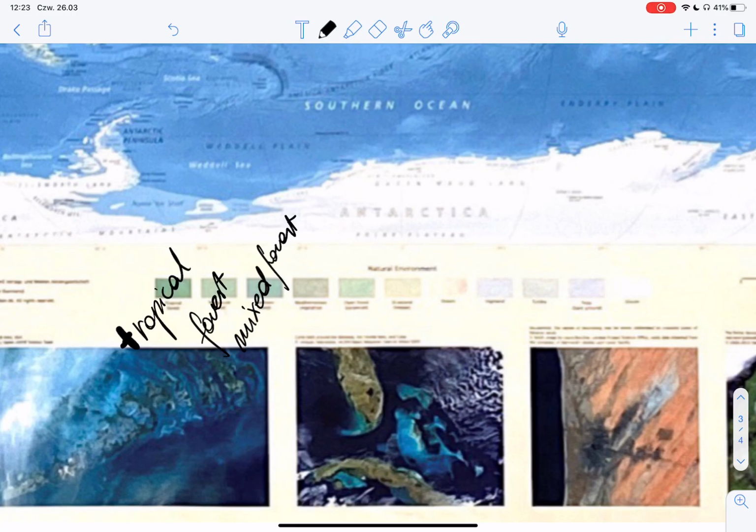The next one is Mediterranean type of landscape. For instance, this one is desert. This one is tundra. This one is glacier.